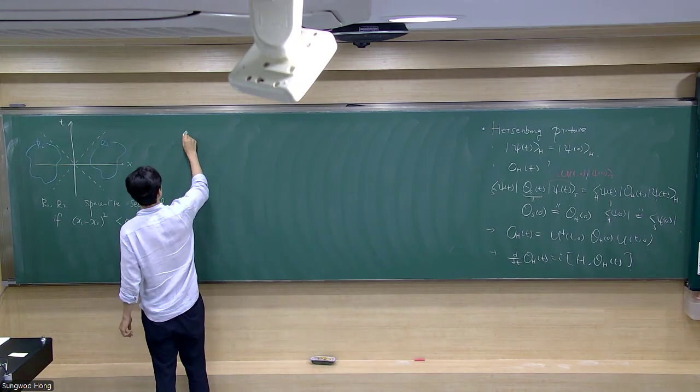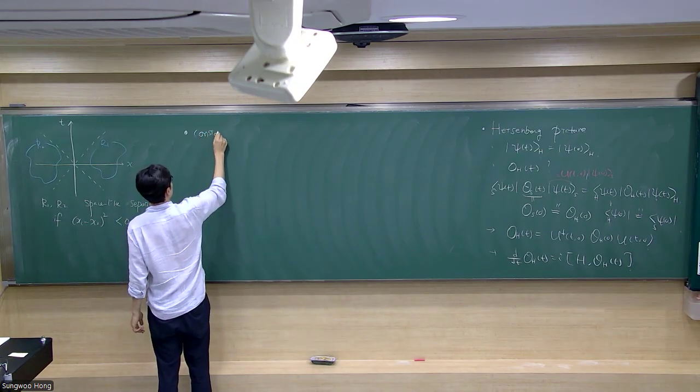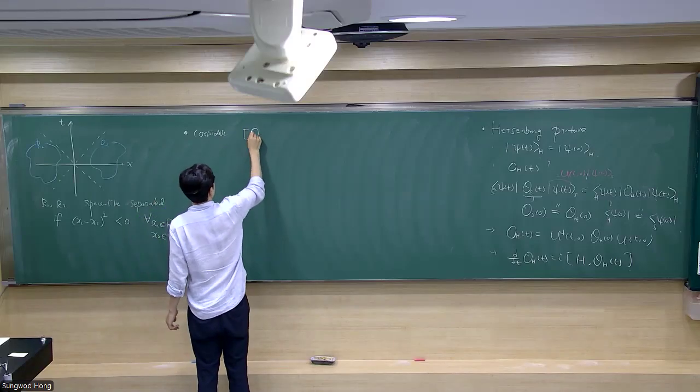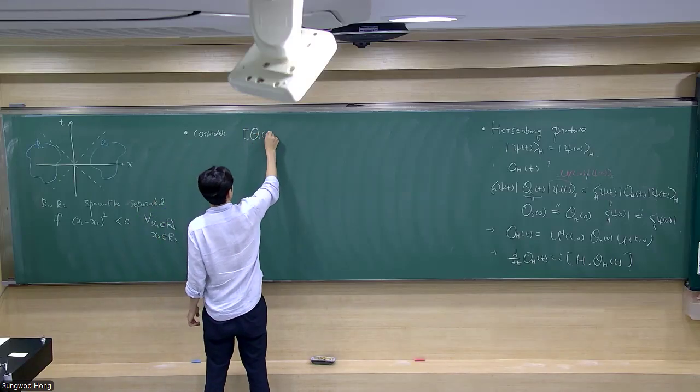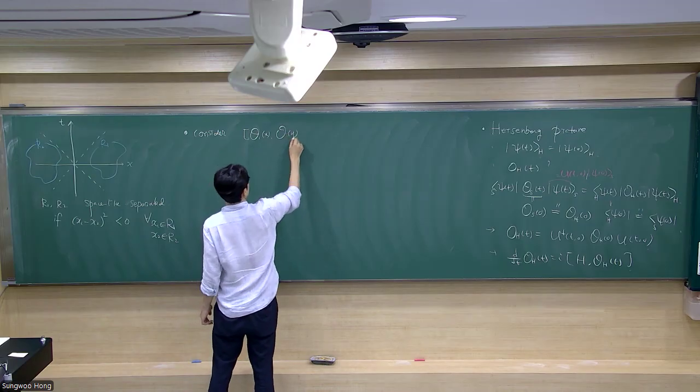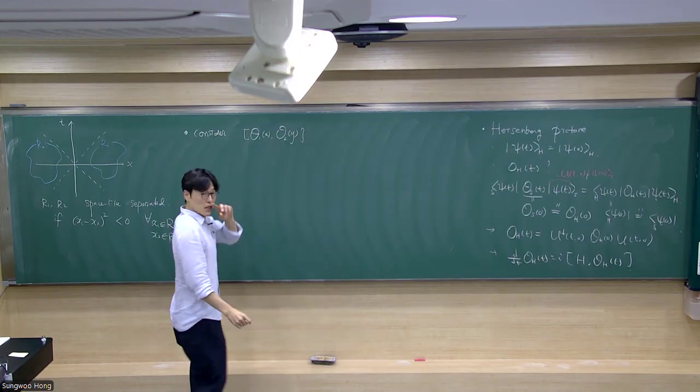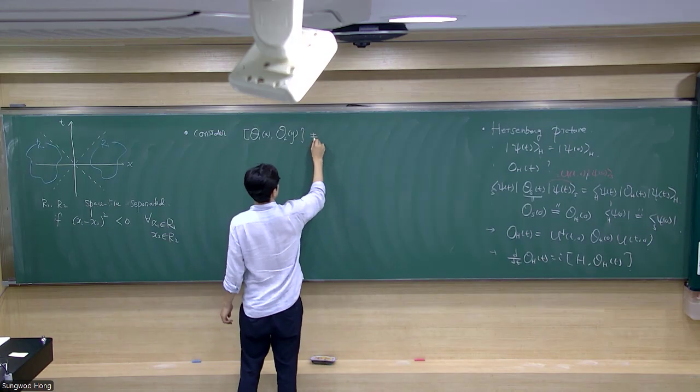For that reason, let's consider a case where I have an operator O_X and another operator O_Y, which do not commute.